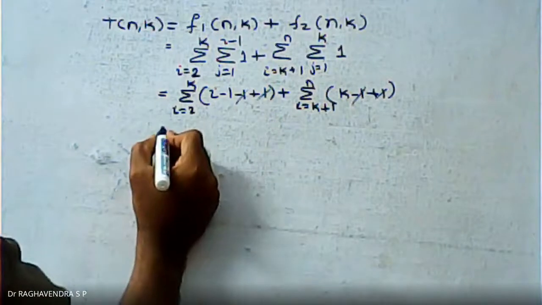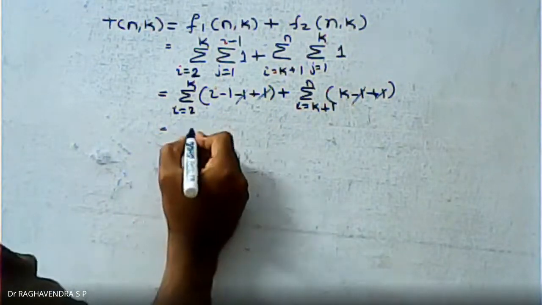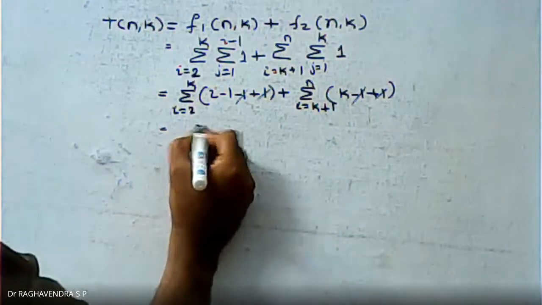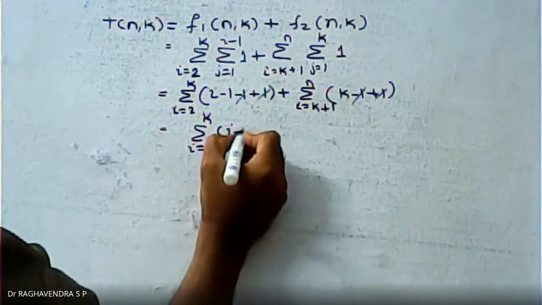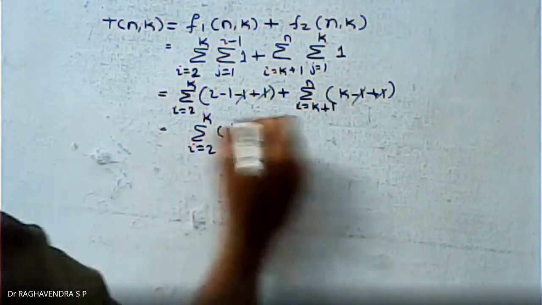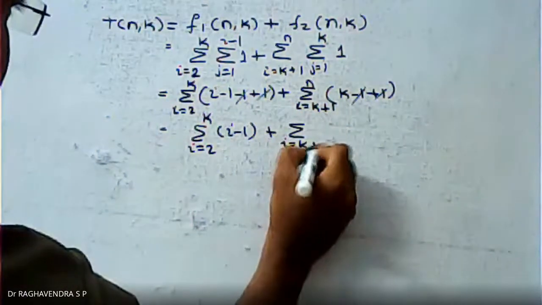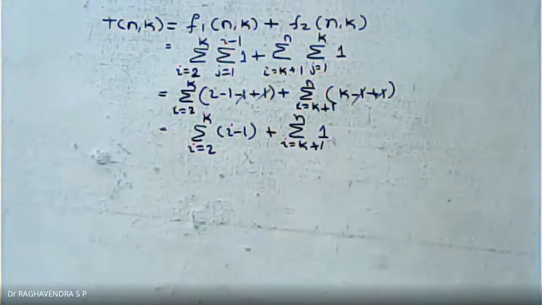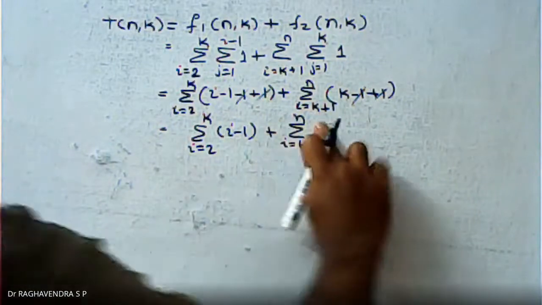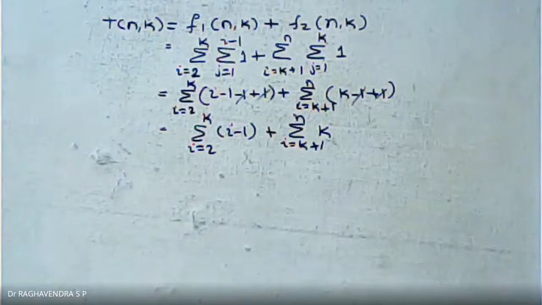So what remains is summation i equals 2 to k of i minus 1, plus summation i equals k plus 1 to n of k. Sorry, this is not 1, this is k, because 1 has already been given.